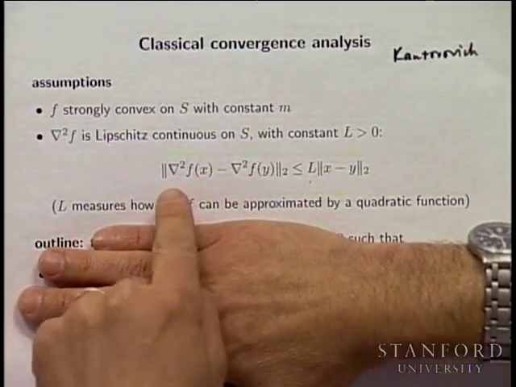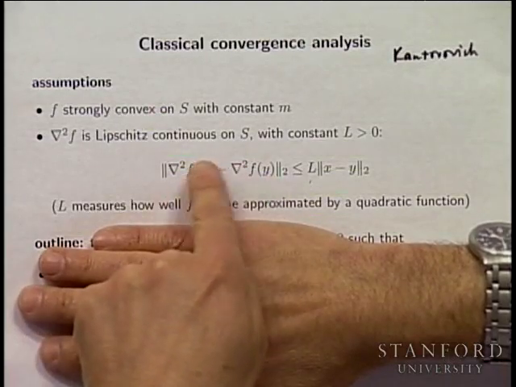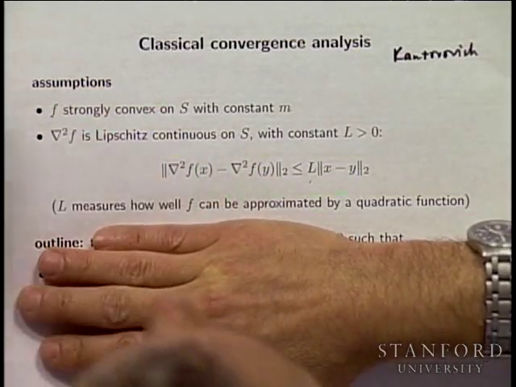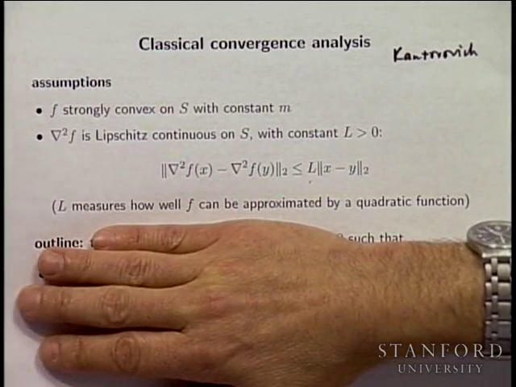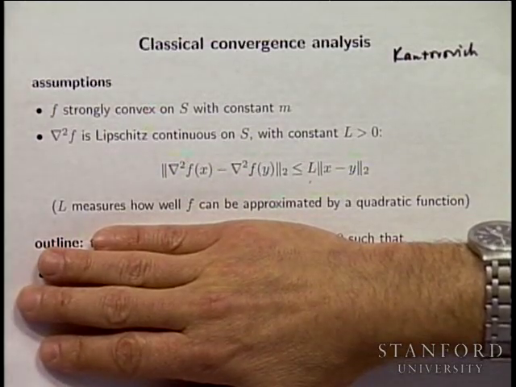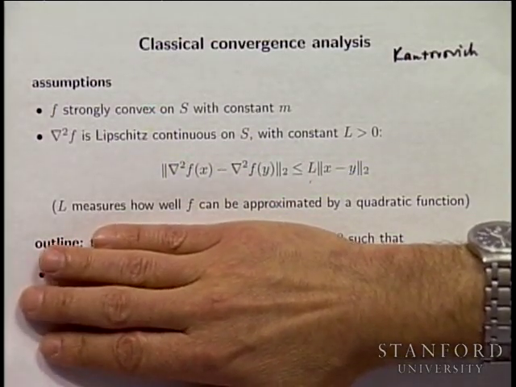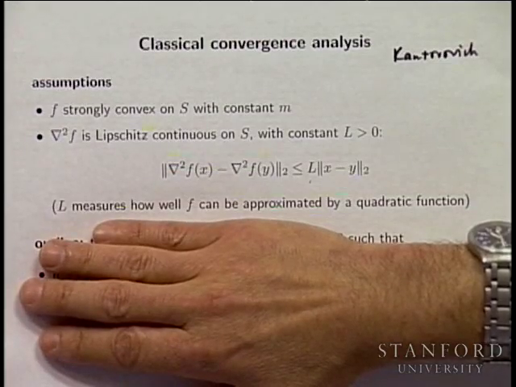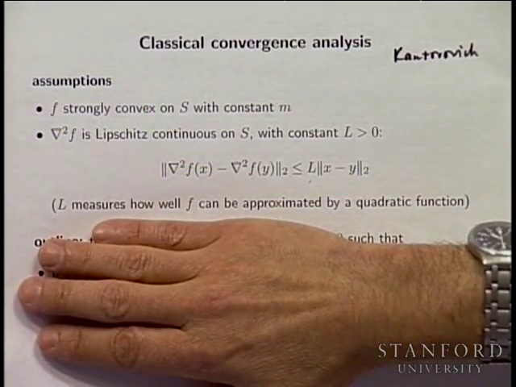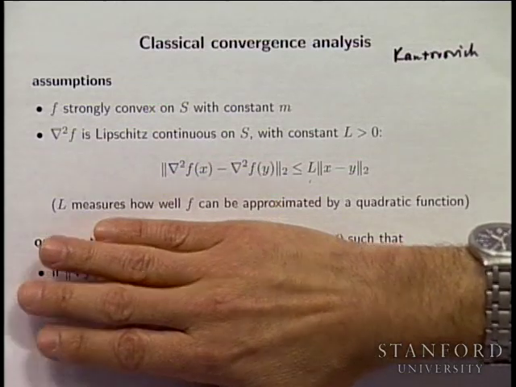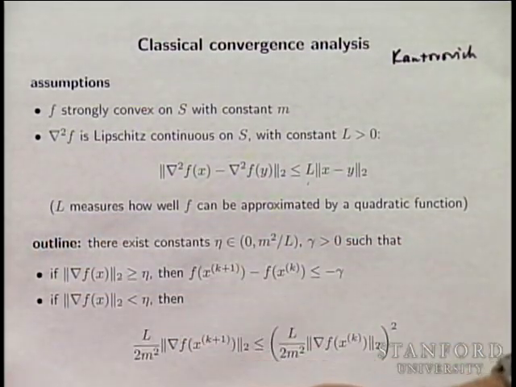Okay, so basically, when do you think Newton's method is going to work well? Well, it should work well when the Hessian is slowly changing. So if the third derivative is small, Newton's method should work really well. Everybody kind of seeing the idea here? Because basically at each step you're minimizing a quadratic model. If your quadratic model is really good, even for big displacements, Newton's method is going to work really well.